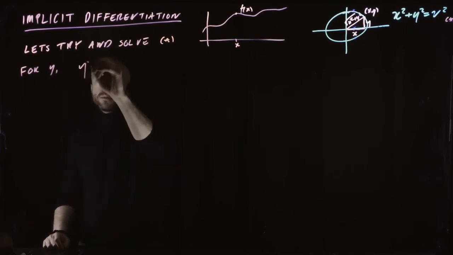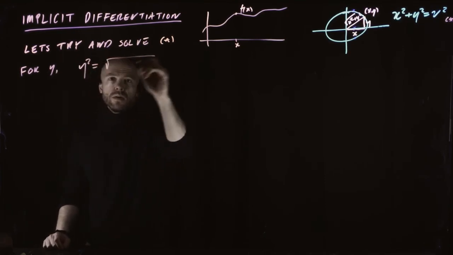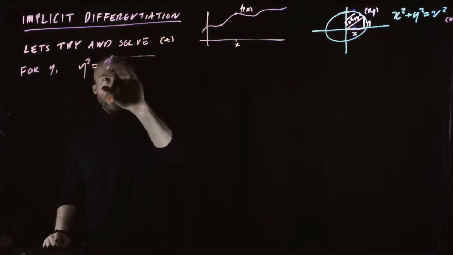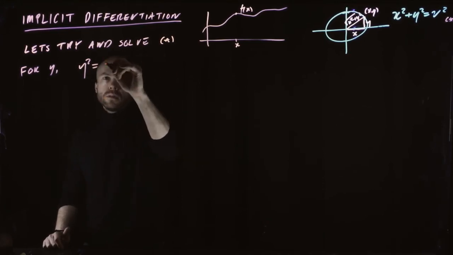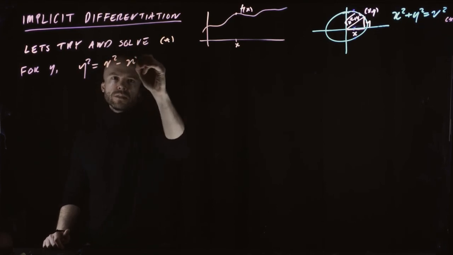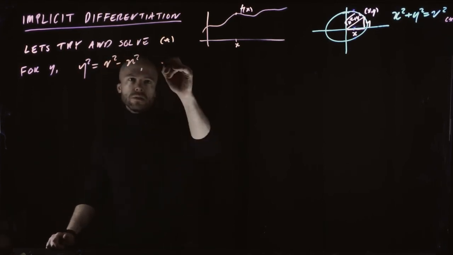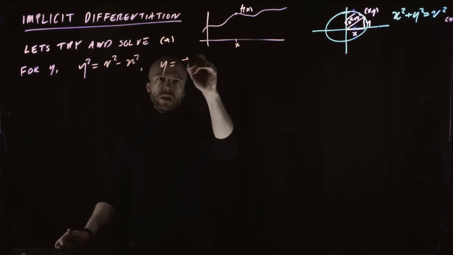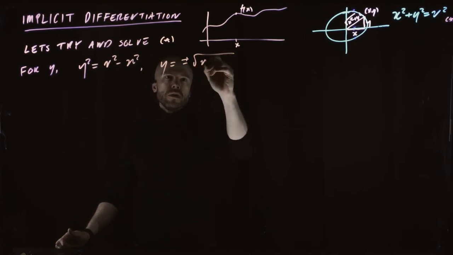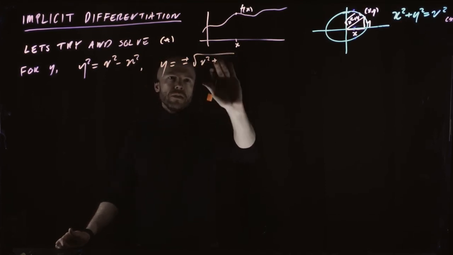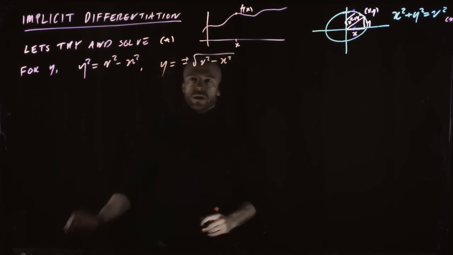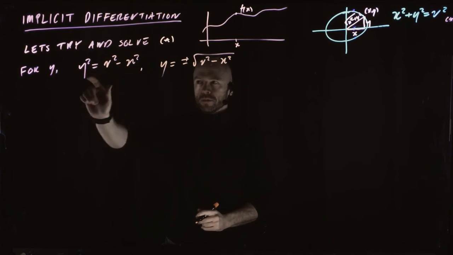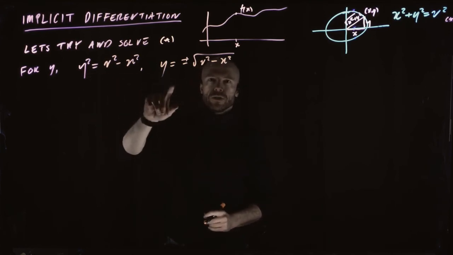Well, y squared will be equal to r squared minus x squared. And then if we want to find y, it'll actually be plus or minus the square root of r squared minus x squared, right? Because if we have minus the square root of this and square it, we still satisfy this. So there are actually two solutions.